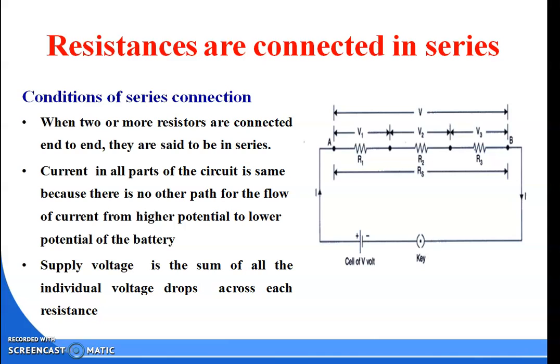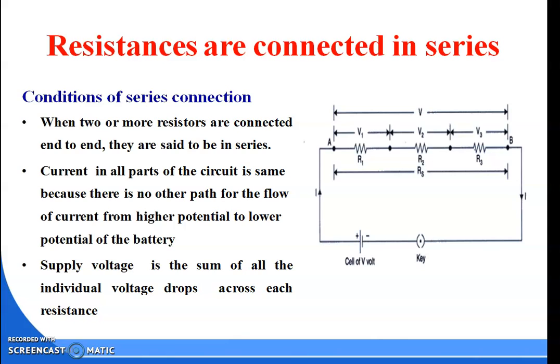Then different voltages exist across each component. In series connection, we conclude that the same current flows through all the components, but different voltages may exist. In parallel, this is vice versa.